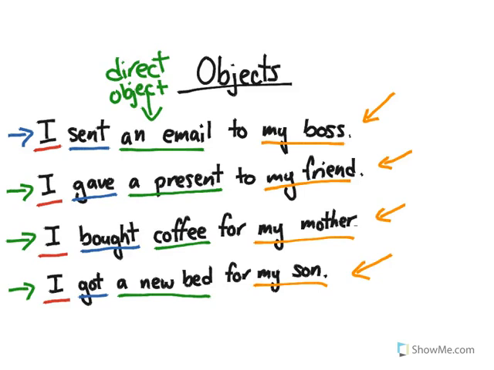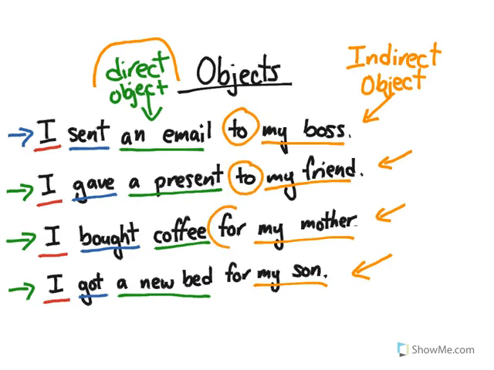My son. So the direct object over on this side, it is the object of the action. But after it, in all of these sentences, we have the indirect object. Now, in these sentences, one of the things you can notice about the indirect object is that it comes right after a preposition.